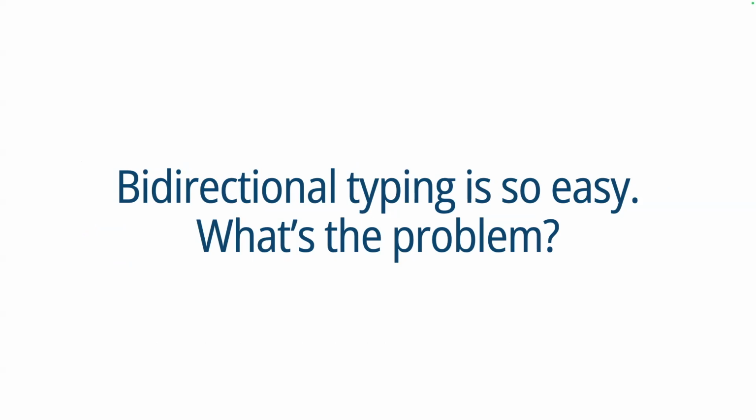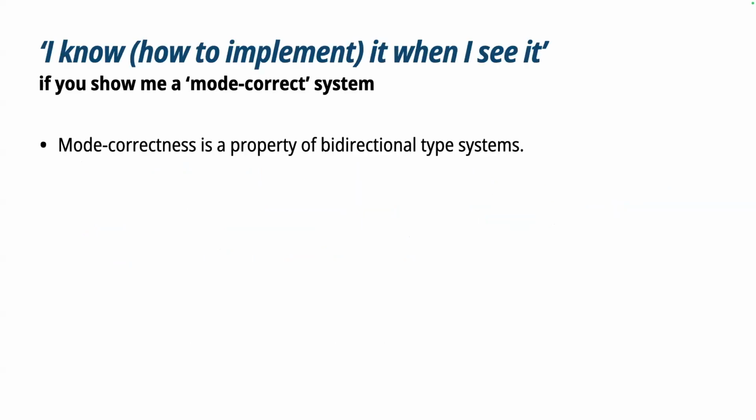Now the question is, what is mode correctness, or what is bidirectional typing precisely? The question about mode correctness is, obviously, this is a property about some language with two judgments.